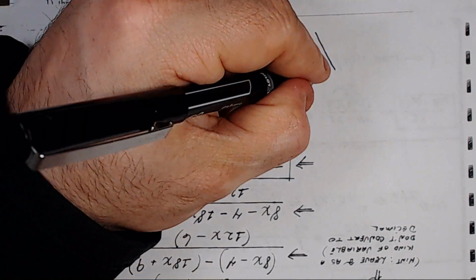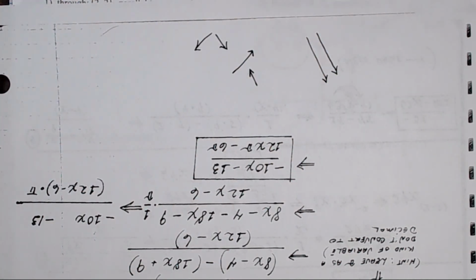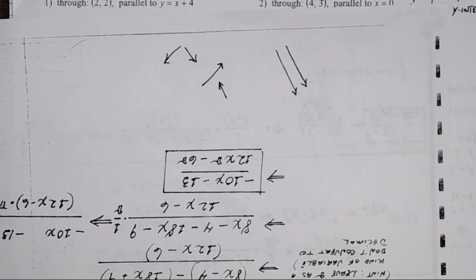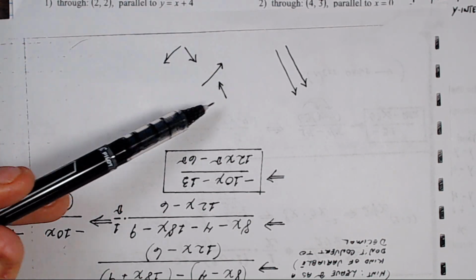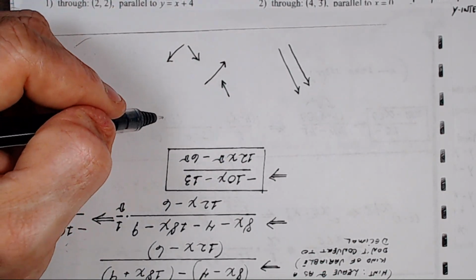What is the thing that these two lines share in common that these other lines don't? Yeah, these are definitely not parallel, but mathematically the reason they're not parallel is because they have different slopes.